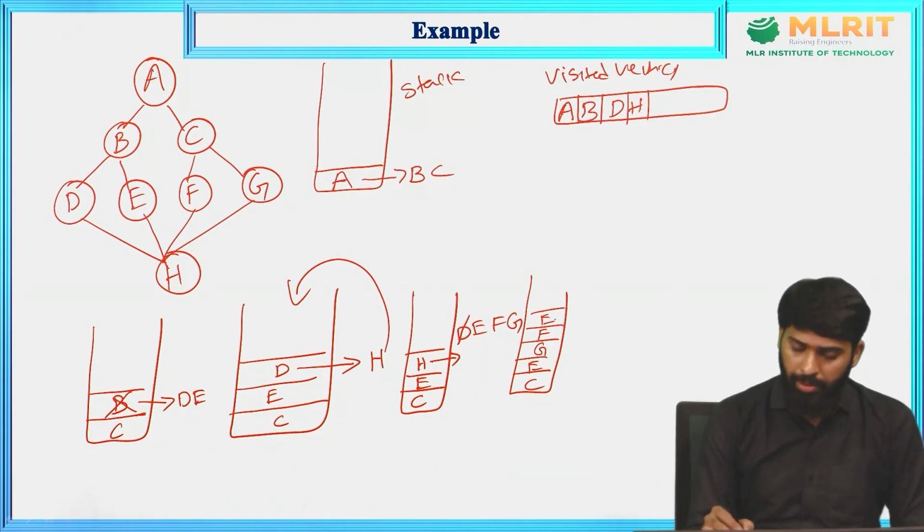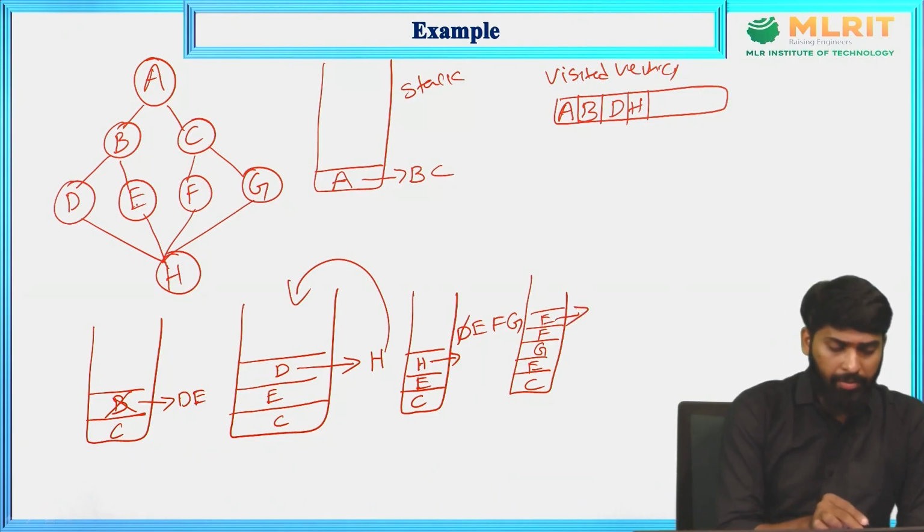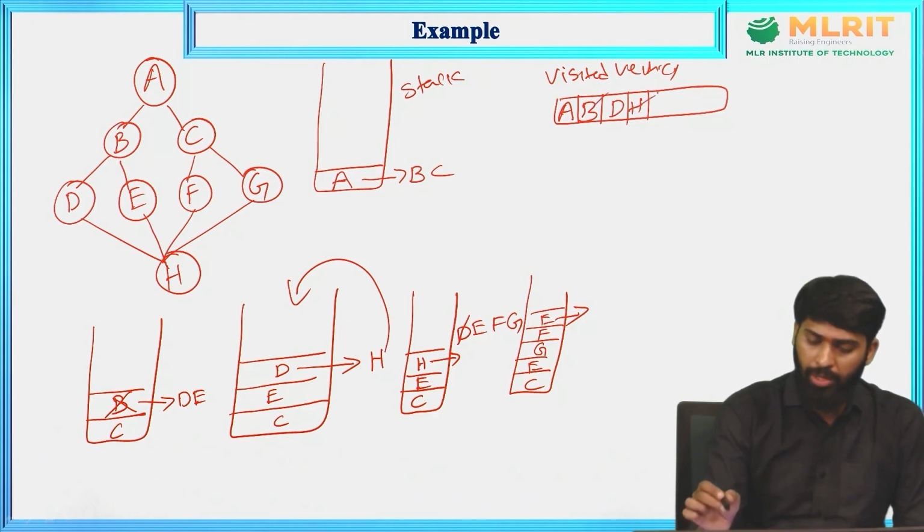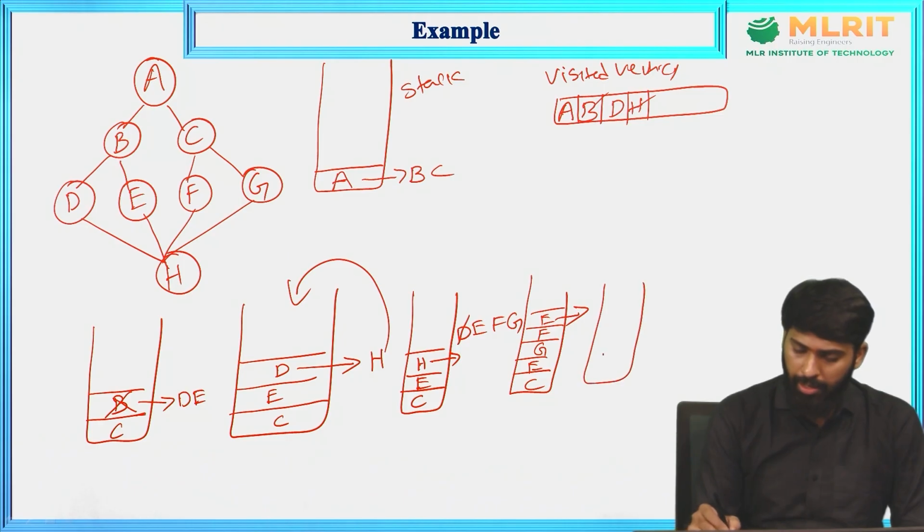Next pop E. E's adjacent vertices are B, H. Both are visited. So this is the resultant stack: C, E, G, F.